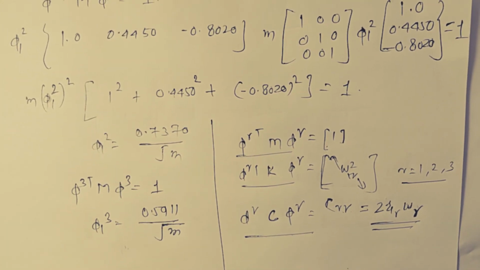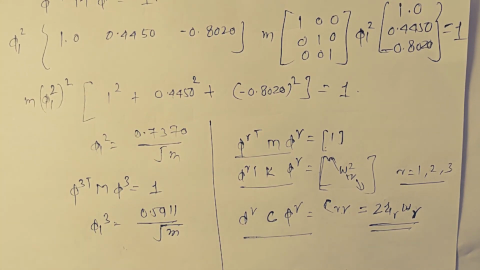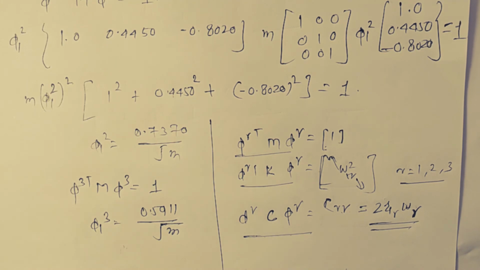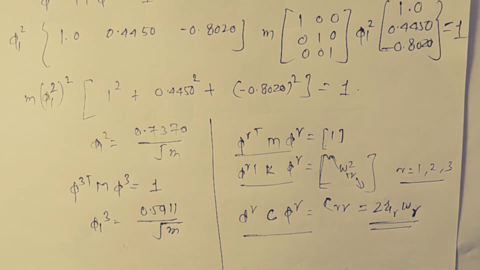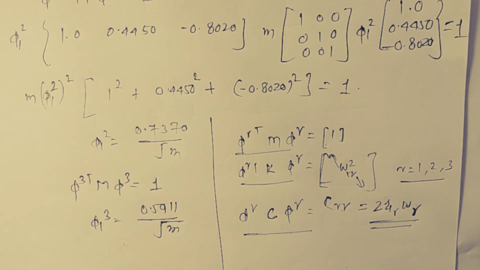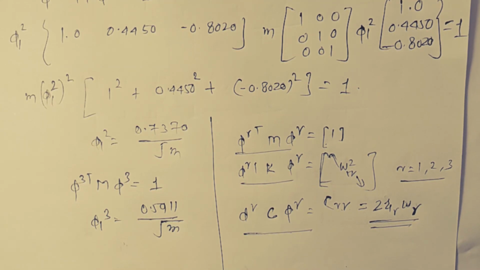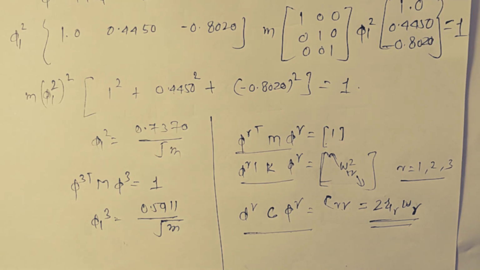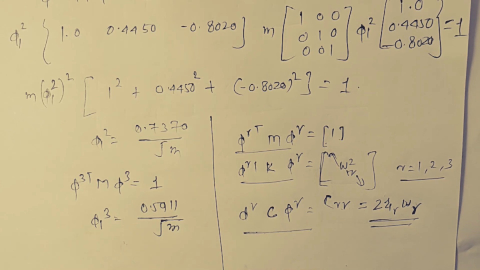So in summary, we can say mode shapes are orthogonal to each other, and when any matrix is pre-multiplied with the transpose of the modal matrix phi and post-multiplied by the modal matrix, the off-diagonal terms become 0, and the mass matrix, stiffness matrix and damping matrix become diagonal matrices.